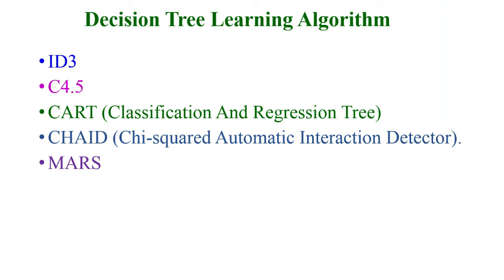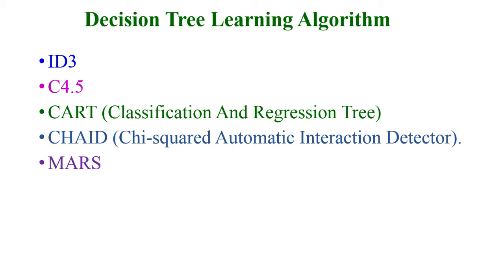Decision tree learning algorithms. Many specific decision tree algorithms exist. Notable ones include ID3, C4.5, CART, CHAID, and MARS. ID3 is the Iterative Dichotomizer 3 algorithm. C4.5 is the successor of the ID3 algorithm.